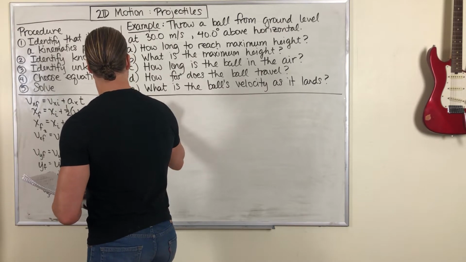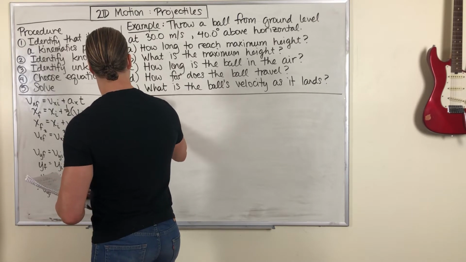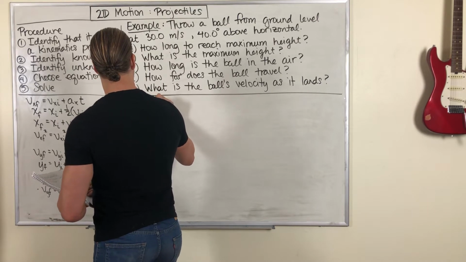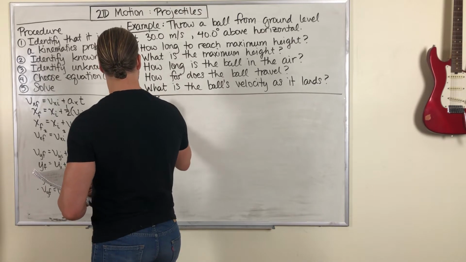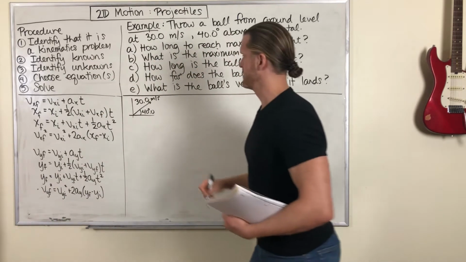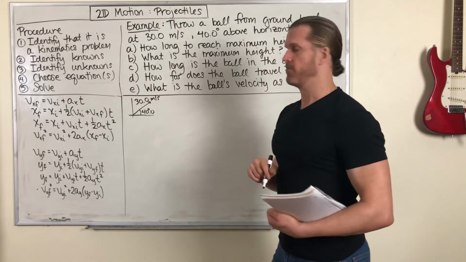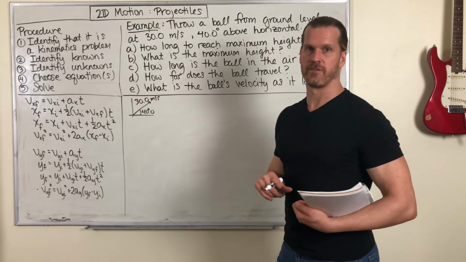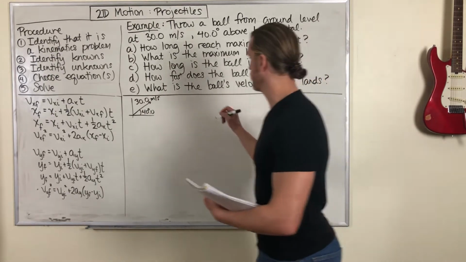So there's 40 degrees, 30 meters per second. That's our initial velocity vector in graphical and magnitude angle form.